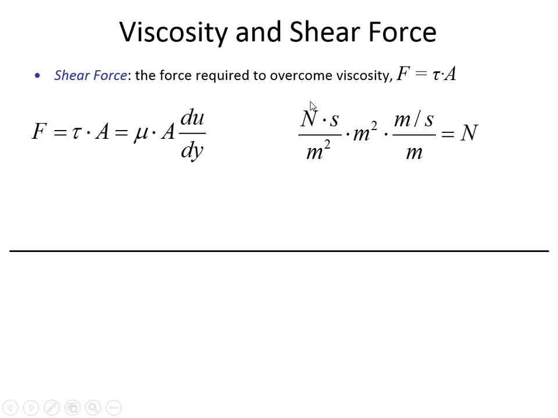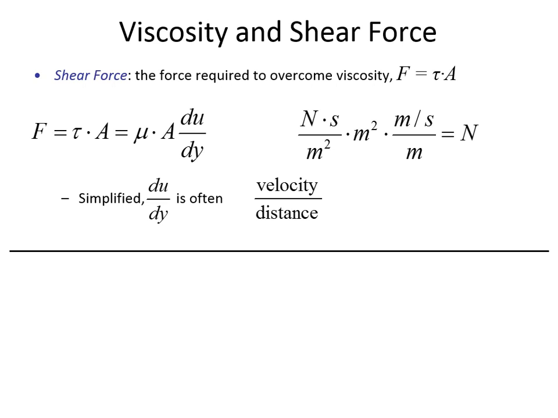But I wanted to show you the units development of how you get force in terms of newtons. So viscosity is newton seconds per meter squared, area is meter squared, and du is a velocity, meters per second, and a dy is a distance, meters. So that all works out to newtons if you cancel out the units.